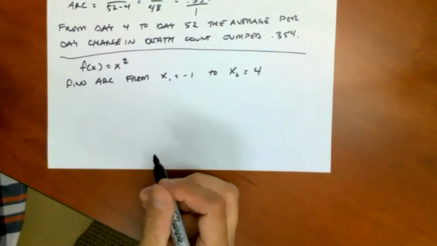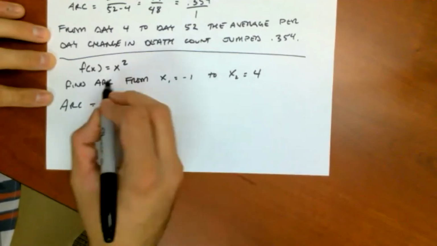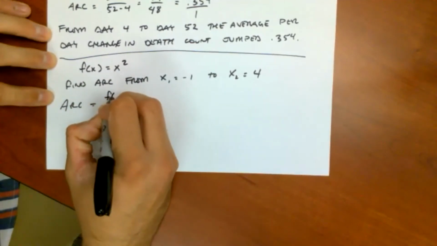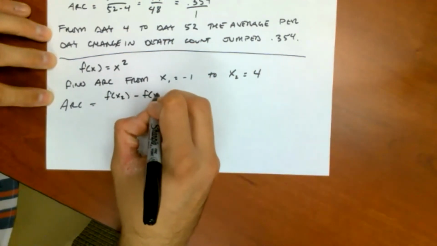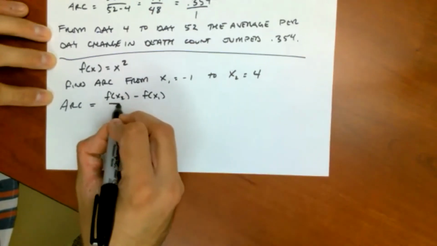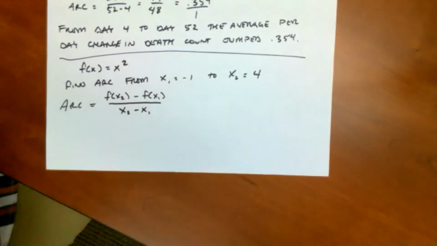Now the equation looks like this, and guys, it is just the slope equation. Instead of y's, we're going to use the function notation. So it's going to be y2, that's f of x2, minus y1, which is just f of x1, all over the change in the x's, x2 minus x1.